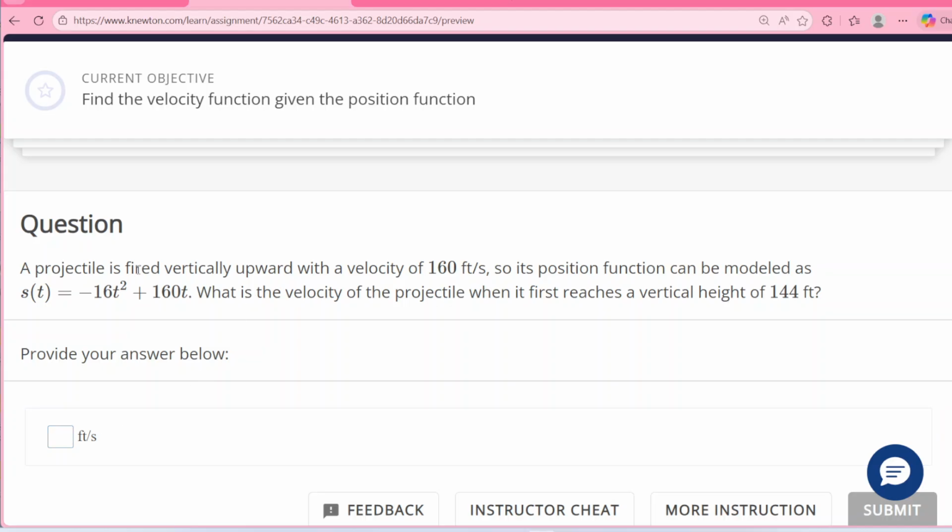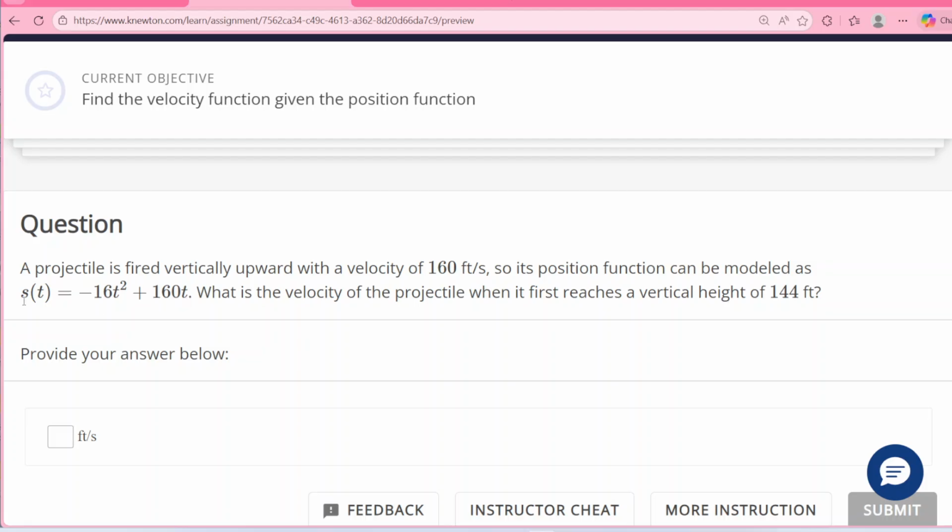So look, a projectile is fired vertically upward with a velocity of 160 feet per second. So its position function can be modeled. This is like height off the ground, straight off the ground. So its height off the ground is given as s of t equals negative 16t squared plus 160t.